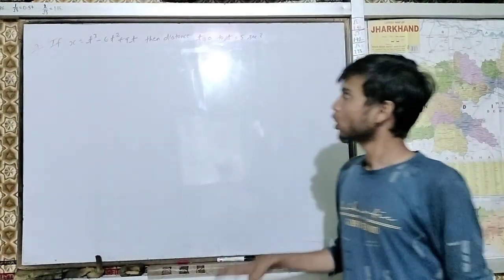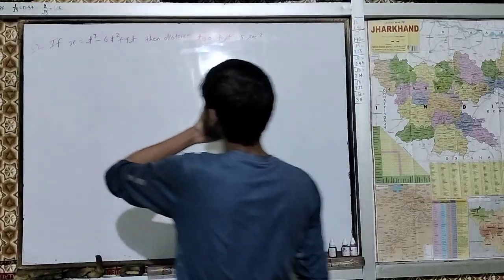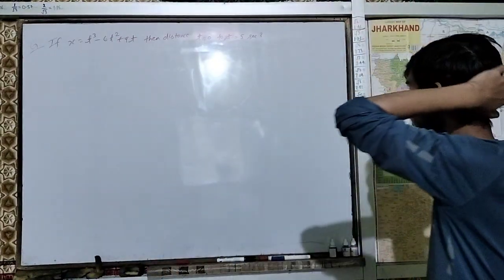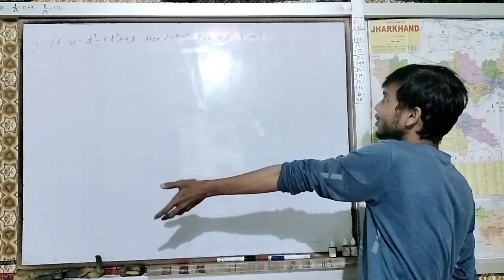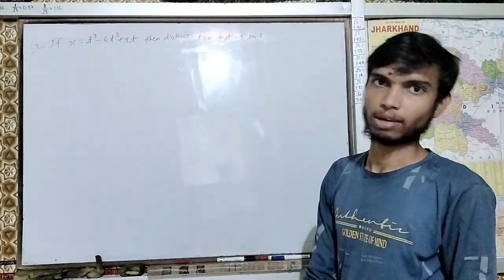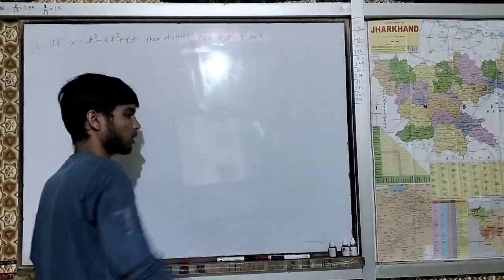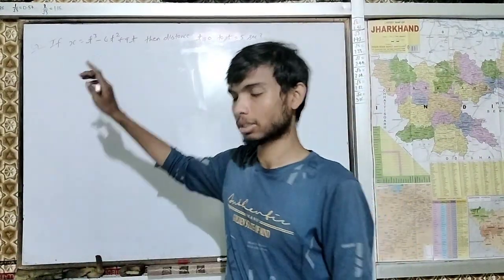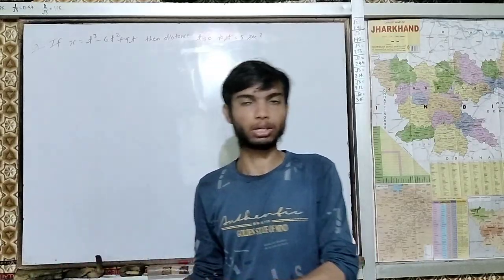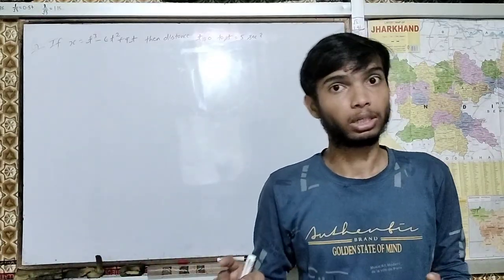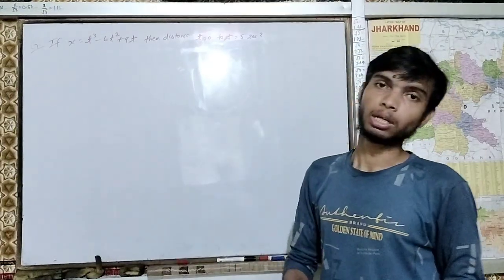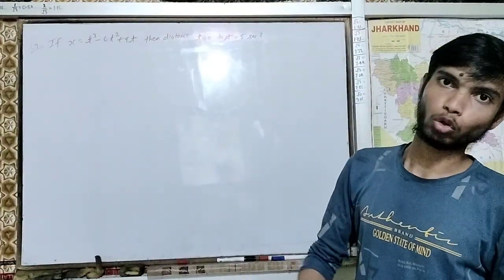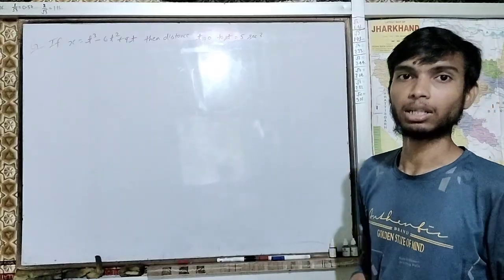So if this is the position of the object, then the distance you will have to find is from t is equal to 0 till t is equal to 5 seconds. You will substitute the value of t is equal to 0 in this equation. Then in the next case you put t as 1 in the same equation, and continue like that till t is equal to 5.